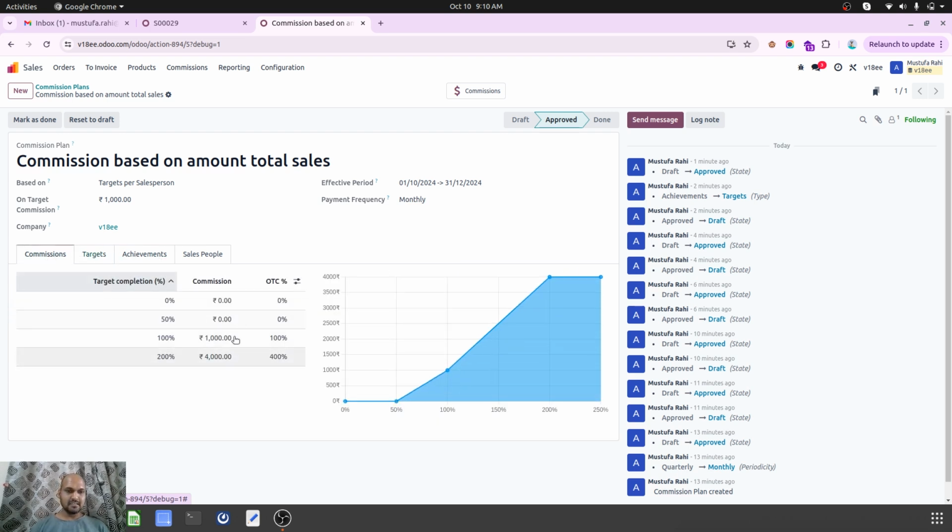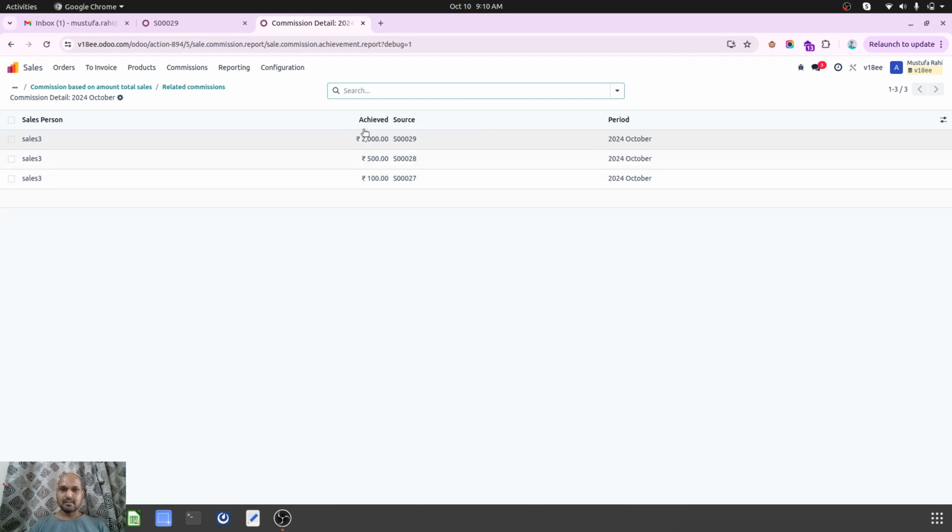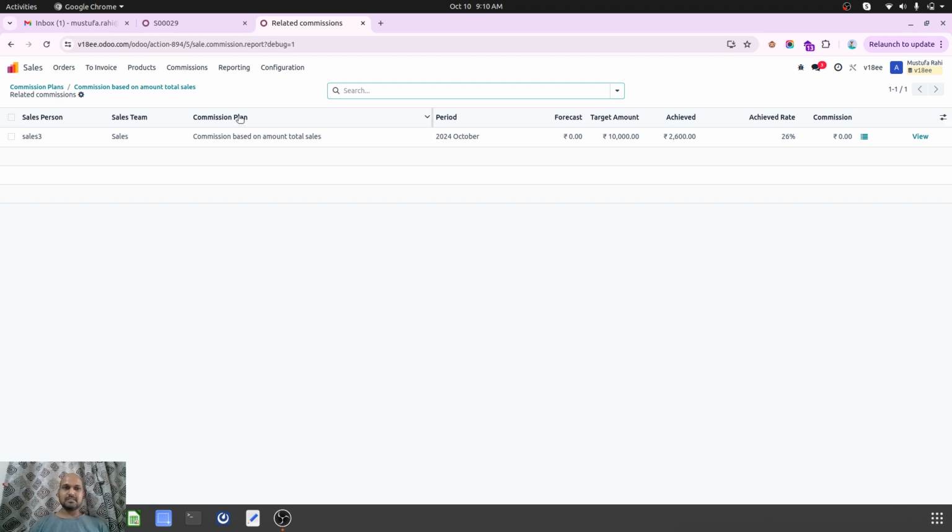When target completion is already reached, then I will be eligible to get this much achievement based on my target amount. So the target amount is 10,000 till now, and this is my whole achievement. This is how the system is calculating the achievement based on my target.